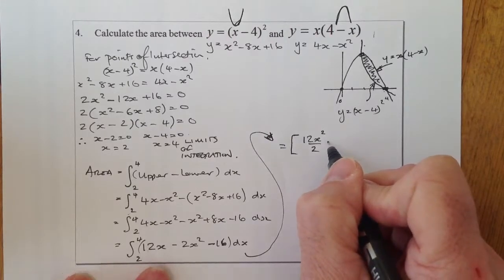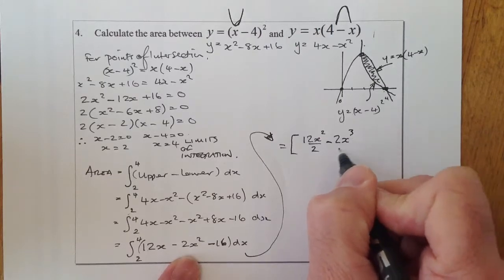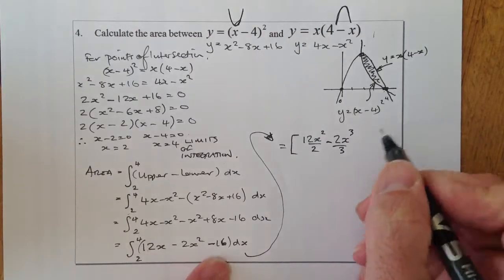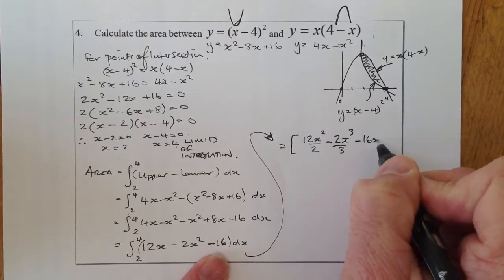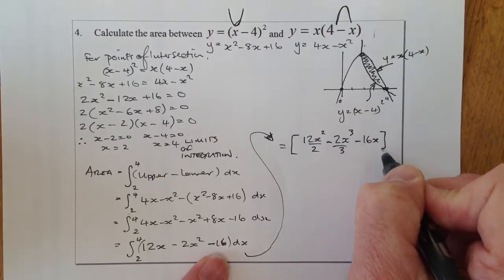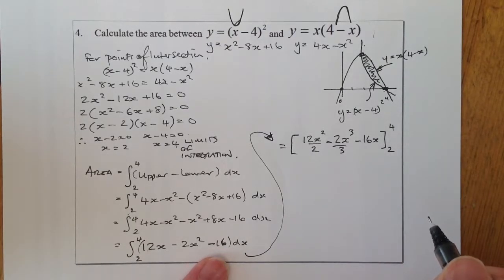I've got minus 2x cubed, all divided by 3. And I've got minus 16, so that's going to be minus 16x, to the power of 1. That's between 4 and 2, which are my limits of integration.